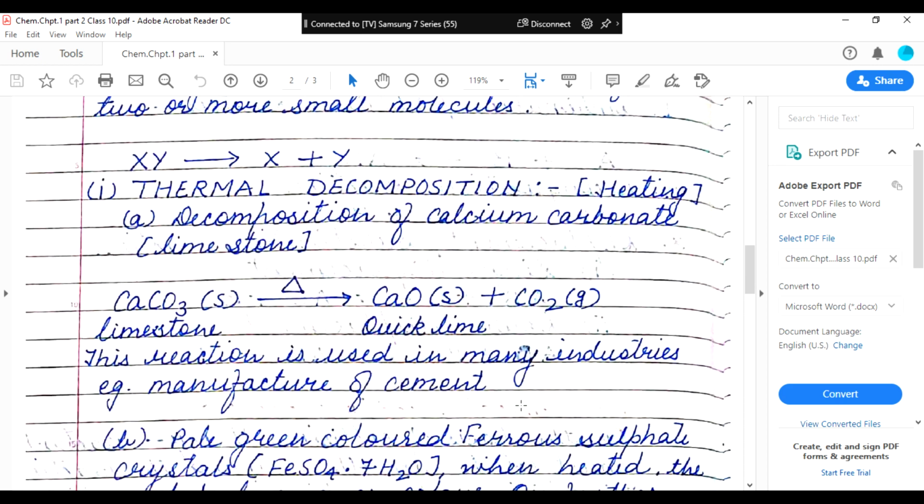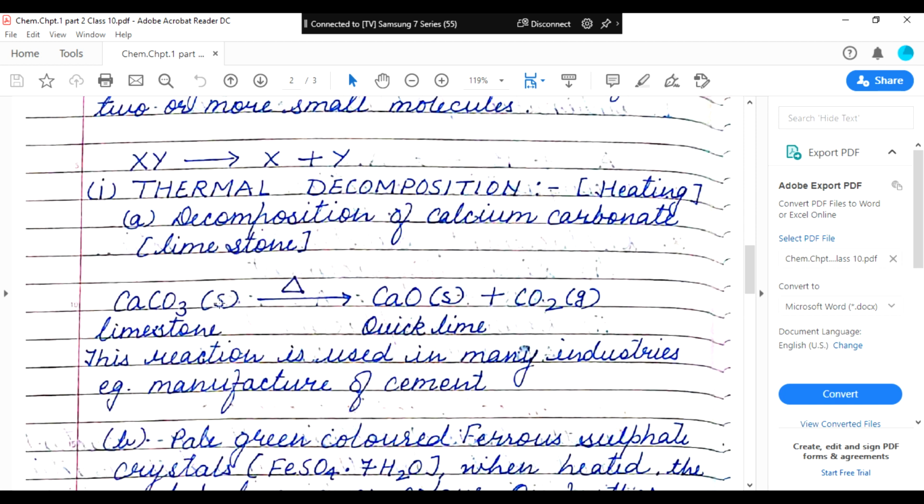For example, limestone, that is also called marble. Marble, when heated, breaks into its constituents calcium oxide, and carbon dioxide gas is released. Here, calcium carbonate is one molecule.